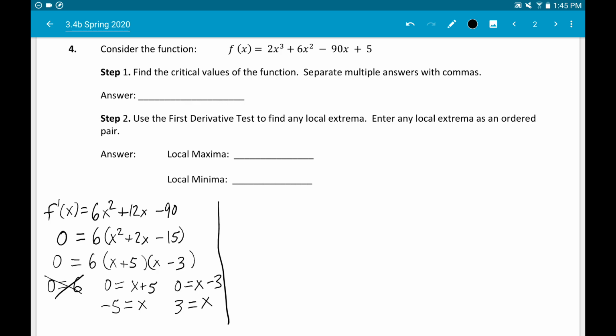Let's go ahead and get our y values for these, so we'll have our critical points. So for negative 5, again I want to plug into the original function. Okay, I'll go ahead and plug that in here.